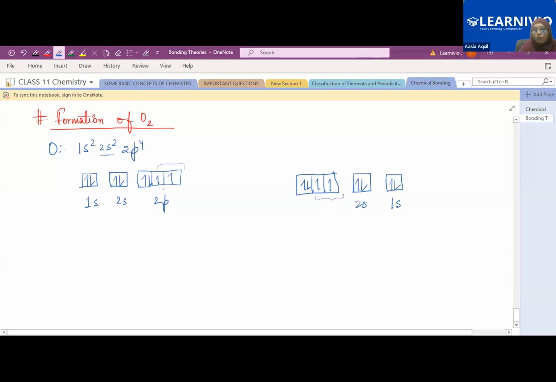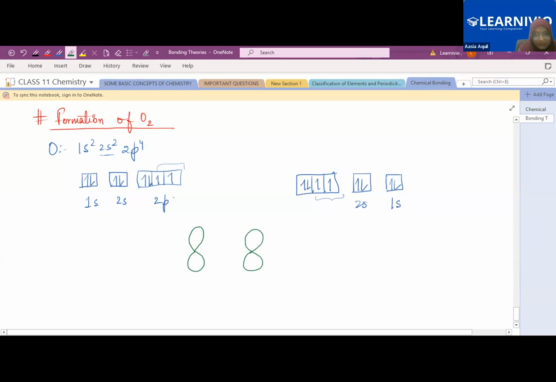And what is the shape of the 2p? What is the shape of the p orbital? Dumbbell shape, right? So see, one orbital, one orbital.